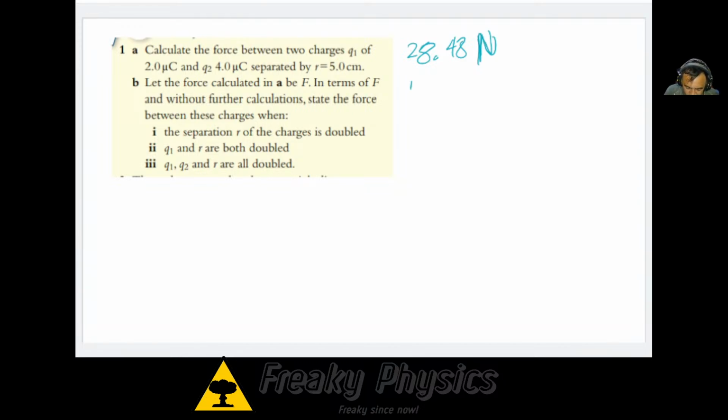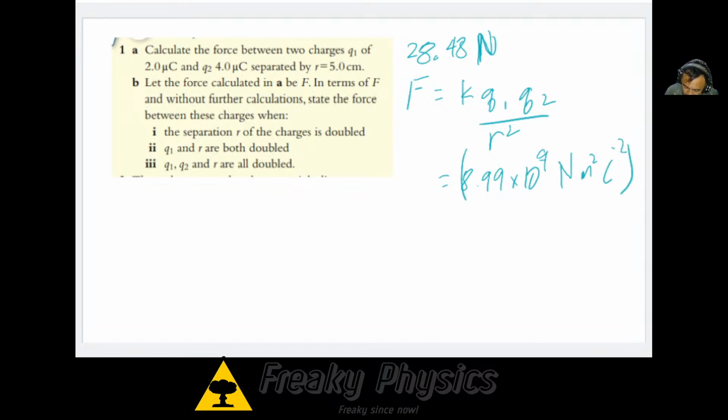Okay. So again, Coulomb's law is this: F equals K Q1 Q2 over R squared. We put our K. That's going to be 8.99 times 10 to the 9, in newtons meter squared per coulomb squared. Our Q is 2.0 times 10 to the minus 6 coulombs.